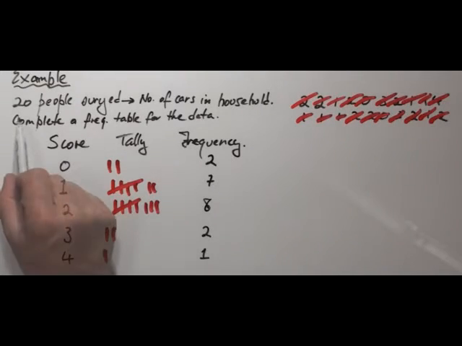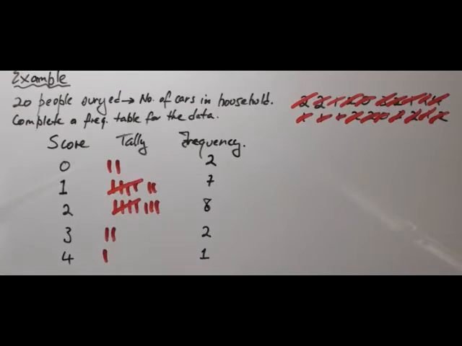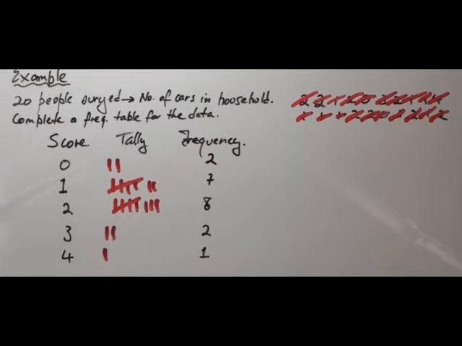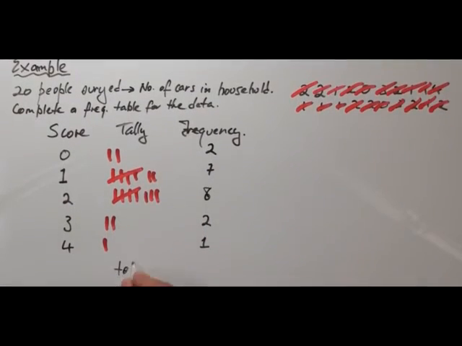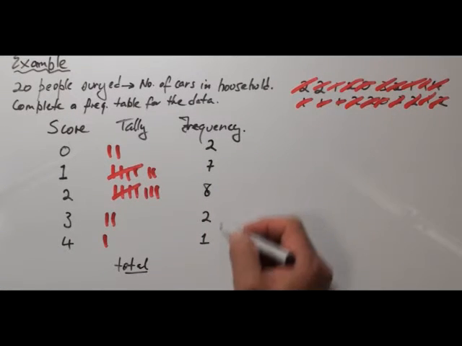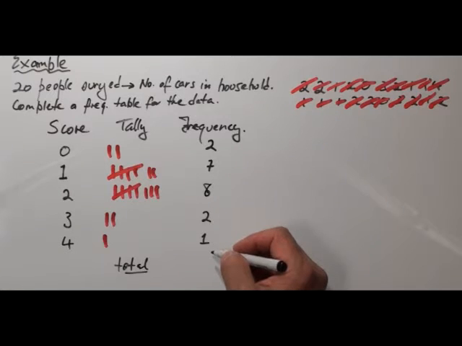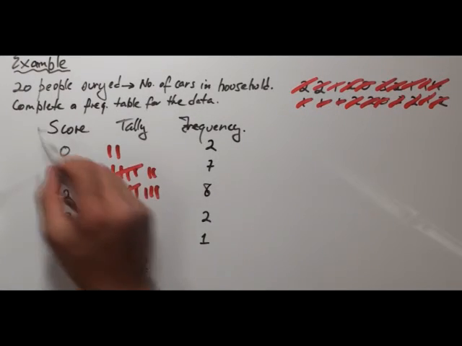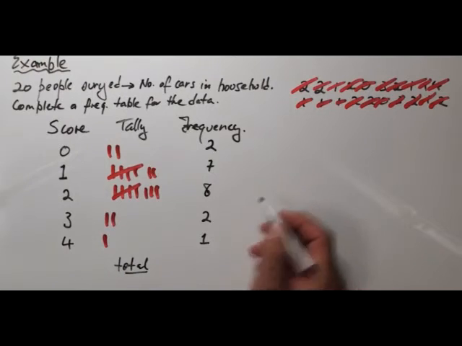Because we're told that 20 people were surveyed, let's just check that we haven't made a mistake with our counting. So what we do is we add the frequency column, and that total of the frequency column should be the same as the total number of people surveyed.